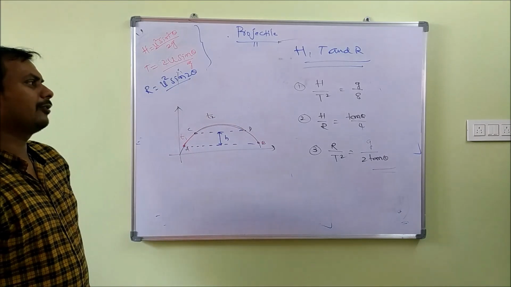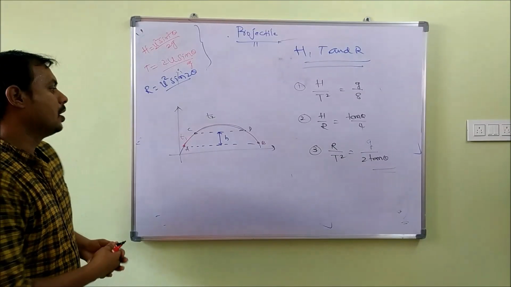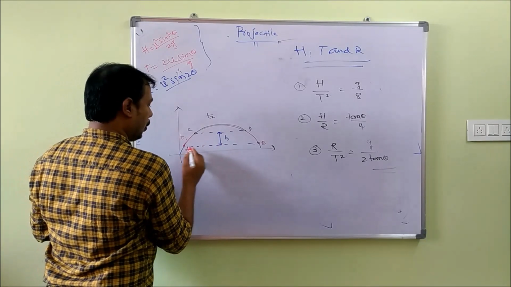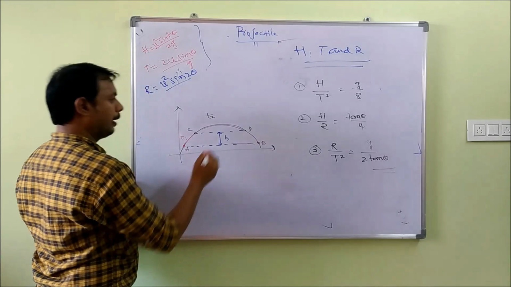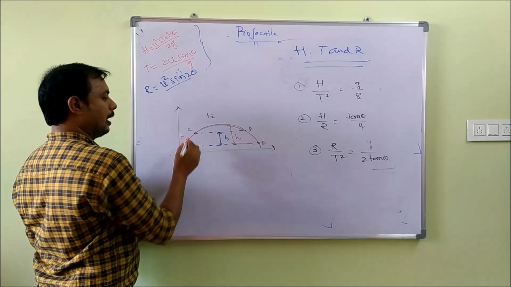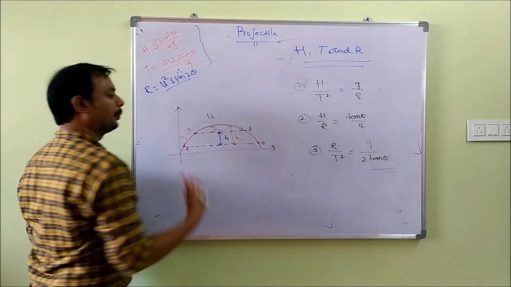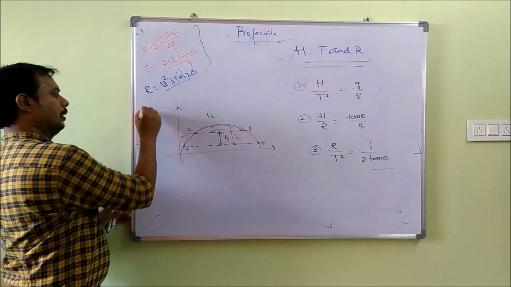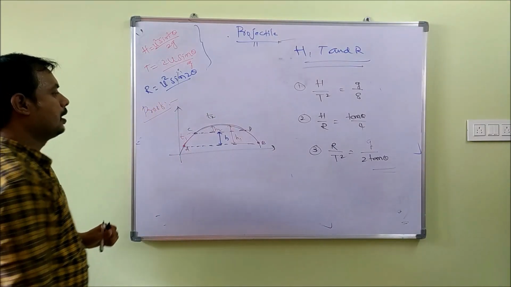I'm using the first equation, which is h by t square equal to g by 8. From the ground, this is taken as our origin. From the ground, this is h1 and this is taken as h2. I'm writing the proof or the solution.